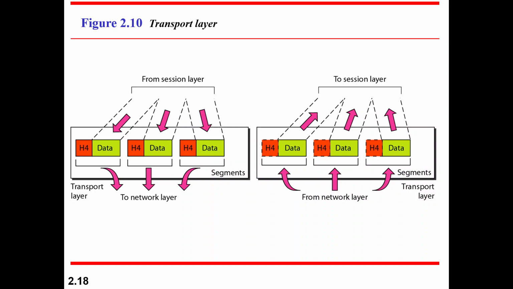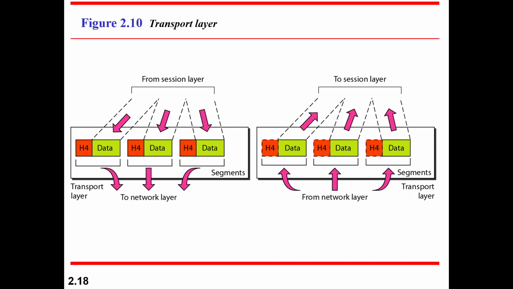The transport layer header must therefore include a type of address called a service point address or port address. The network layer gets each packet to the correct computer. The transport layer gets the entire message to the correct process on that computer. So, this is the very first function of service point addressing.